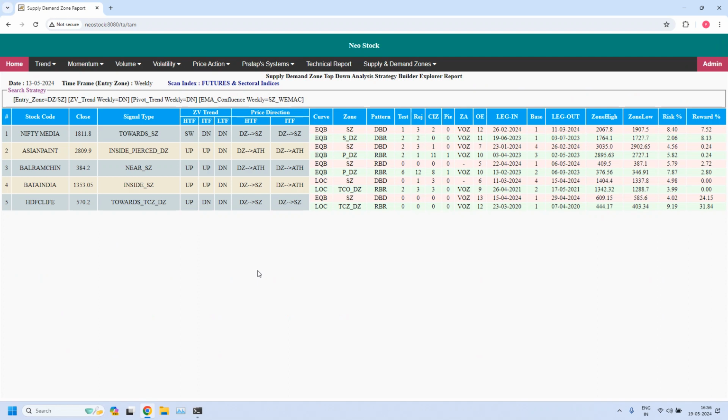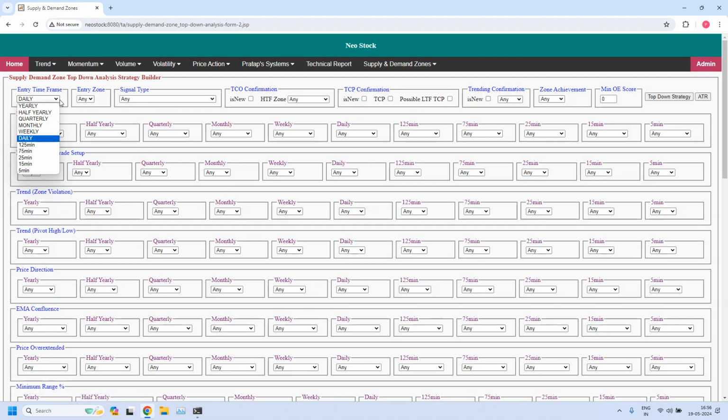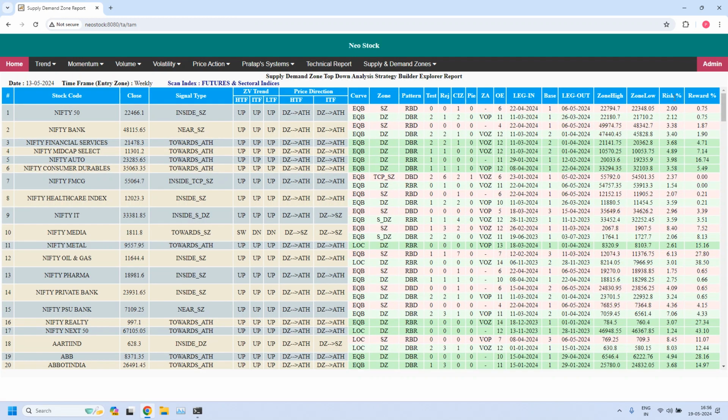Now in the final report, let us generate all the weekly zones for our reference purpose. Because sometimes you might have some favorite stocks, and you want to know their status, their zones. So I am selecting the entry time frame as weekly, but I am not setting any filters. I am generating the complete report. So in this report, all these are weekly zones, because the entry time frame here is weekly.